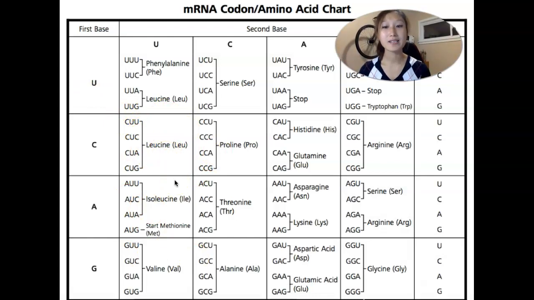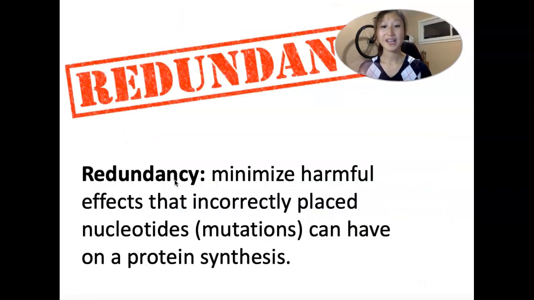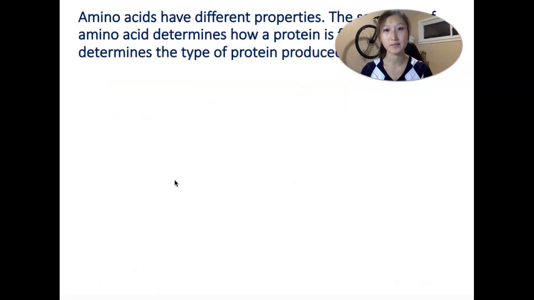If your amino acid is not changed, that means the protein being made in the end is going to be exactly the same as the one before, which means this protein will function just fine, right? So this mutation has no effect. This is actually called a silent mutation, which we'll talk about a little more in the future, okay? So that's redundancy. You need to understand what the benefit is of having redundancy in the first place.